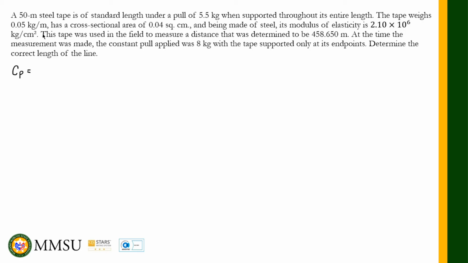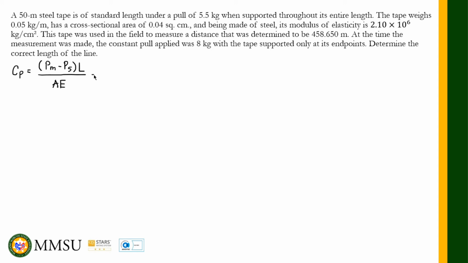Okay, ang given dito kasi it's not the total weight of the tape but it's the weight per linear meter. Okay, so ibig sabihin we're going to use the formula. Hindi pala natin kailangan yung weight muna sa correction due to pull, di ba? Because our formula for correction due to pull is PM minus PS times L all over AE. Okay, so the pull during the measurement is 8 kilograms.